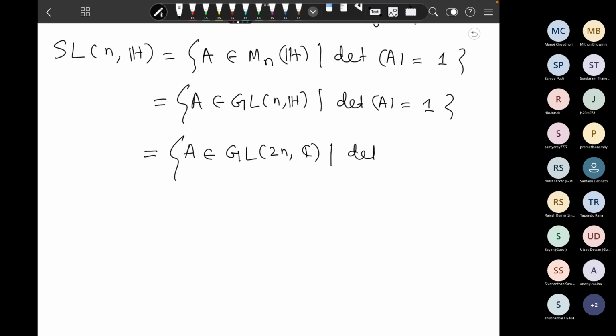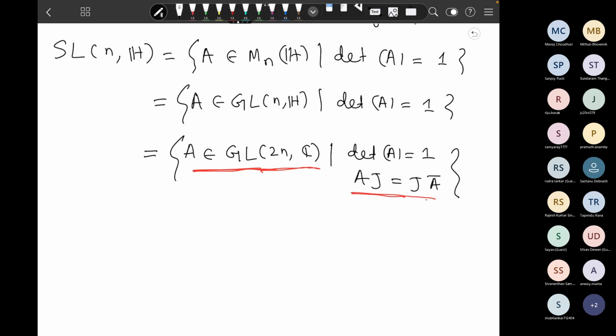So the determinant of A is equal to 1 and AJ is equal to J bar. This condition will be there, and I will make two observations. These two conditions, A belongs to GL2(C) and AJ equals J bar, that means A belongs to GL(n,H).